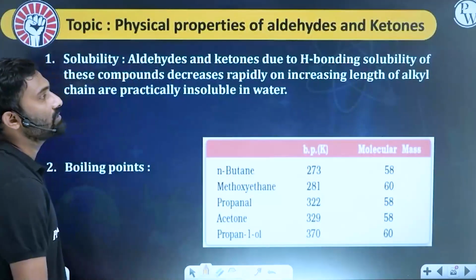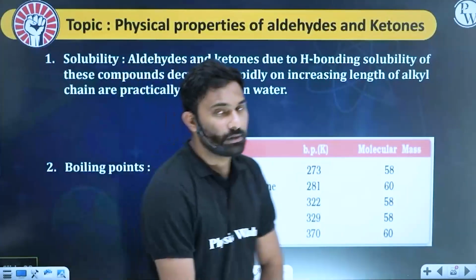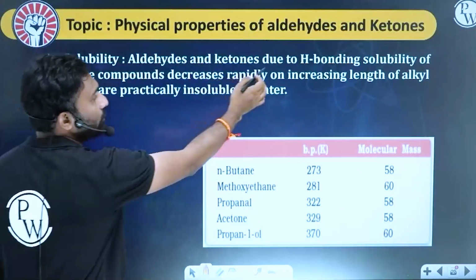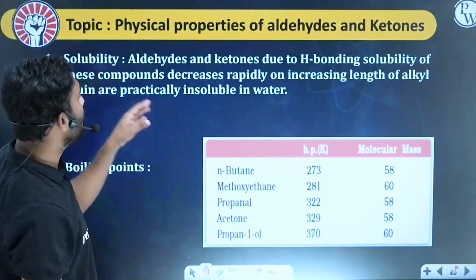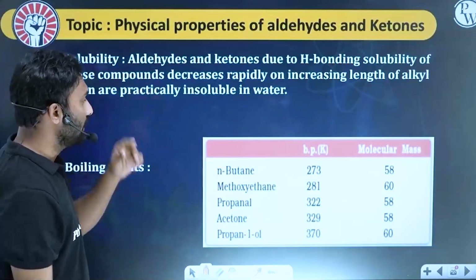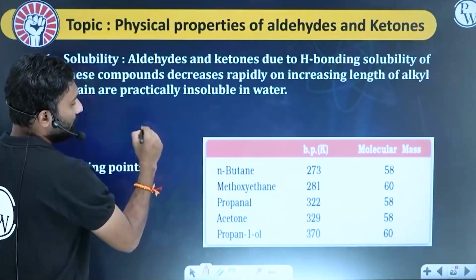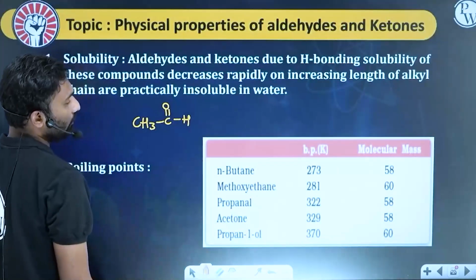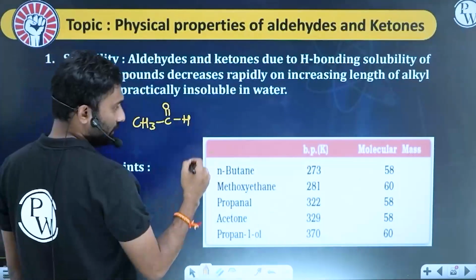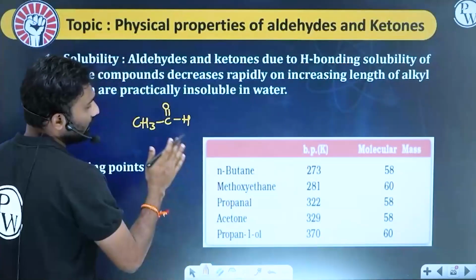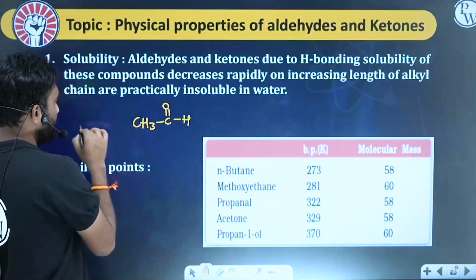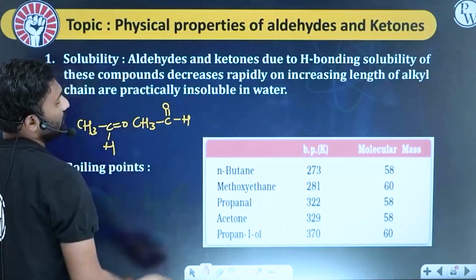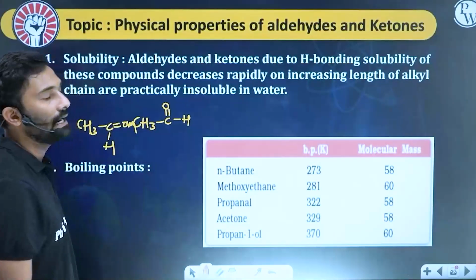Next, physical properties of the aldehydes and the ketones. Solubility first. In aldehydes and ketones, due to the hydrogen bonding, the solubility of these compounds decreases rapidly. If I take CH3, C double bond O, H, and another compound CH3, C double bond O, now intermolecular hydrogen bonding.